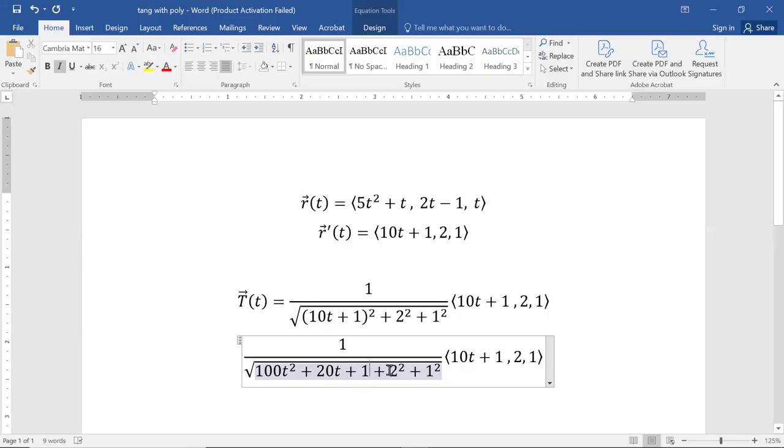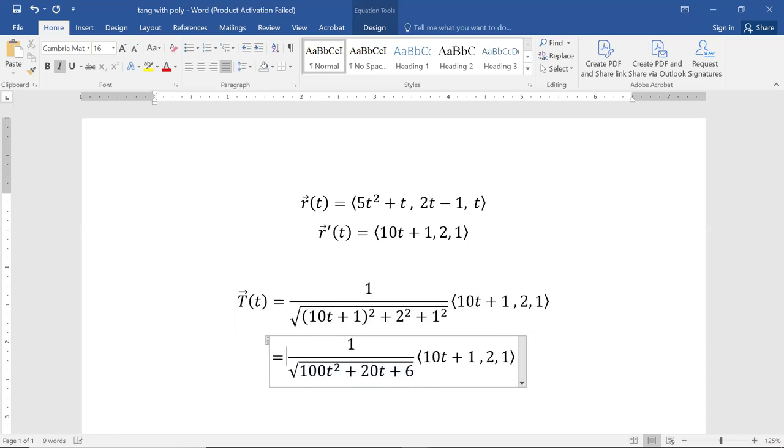Notice that 1 plus 2 squared plus 1 squared combine to give you a plus 6. So that is the unit tangent vector we're looking for, or at least that's a simplified version of it.